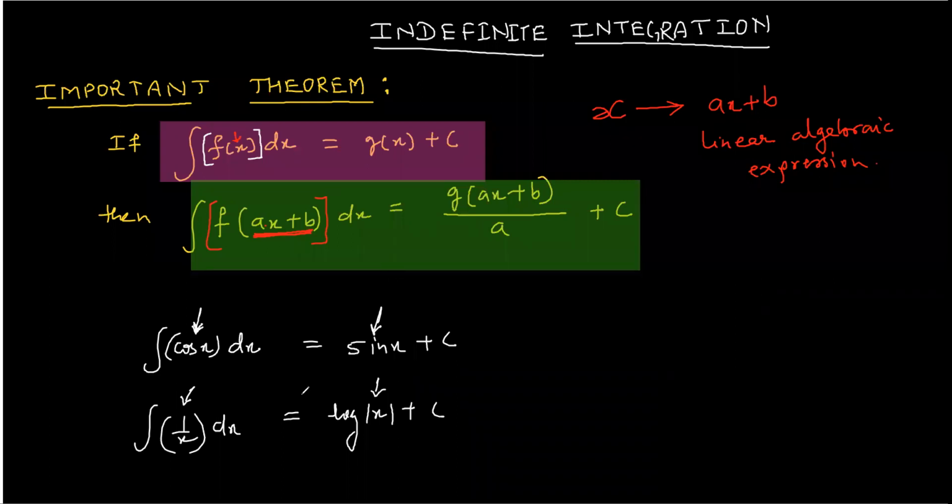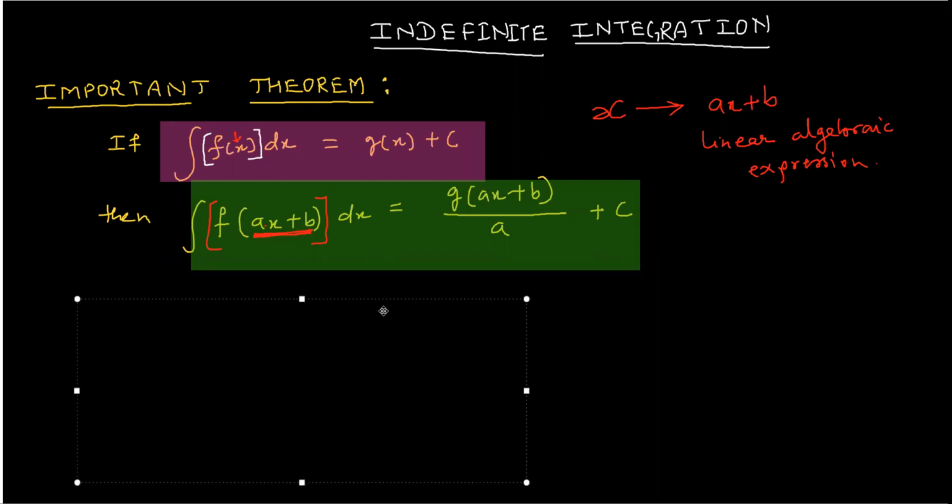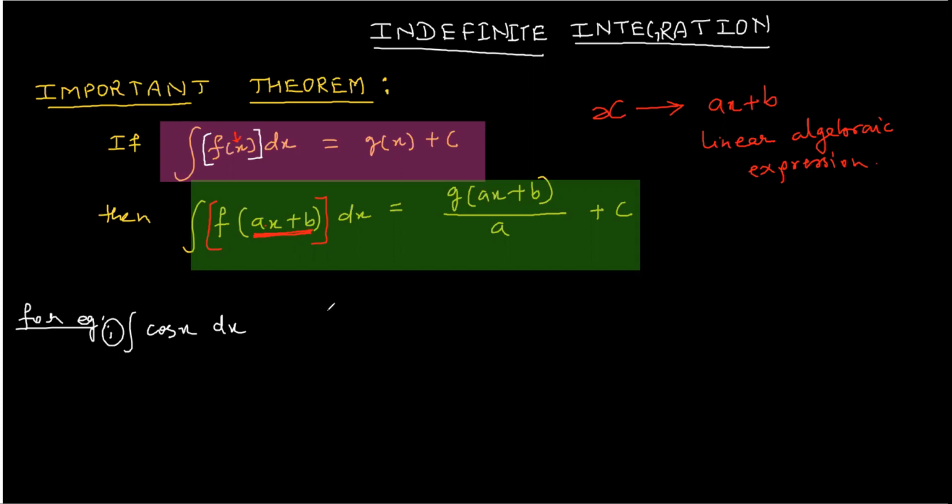So if I want to apply this for some examples, how would it go? Let me write a few examples for you. For example, first, integration of cos of x dx is equal to sine of x plus c.